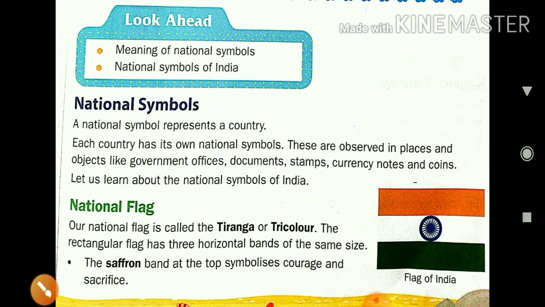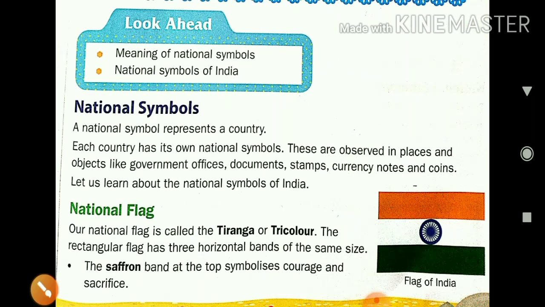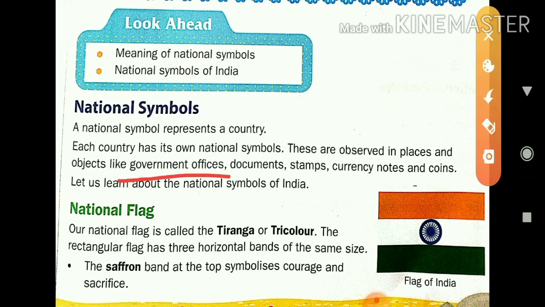When that symbol of any country is seen, then they can understand which country's symbol it is. That is used for the government offices of all countries, documents, stamps, currency notes and coins.